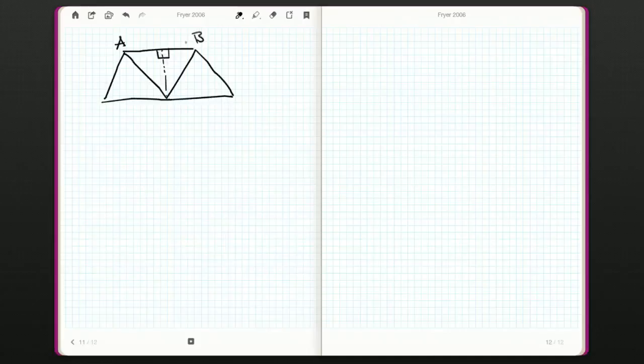A, B, P, O, and a D and a C here. A, B, C, D was our trapezoid. All right.